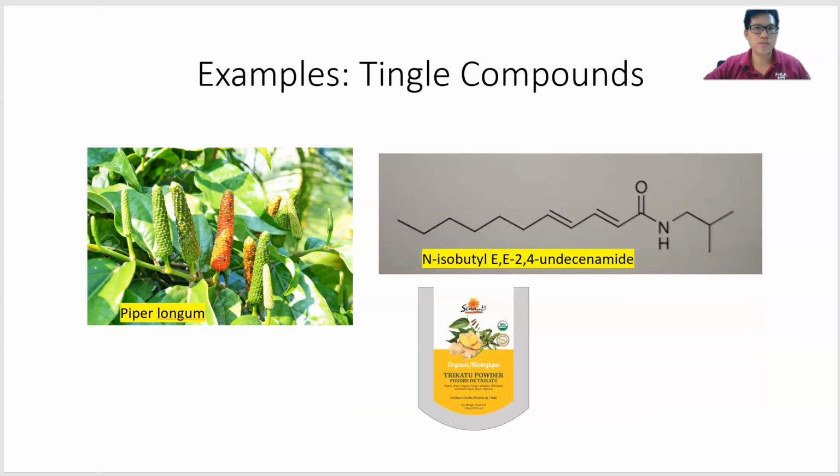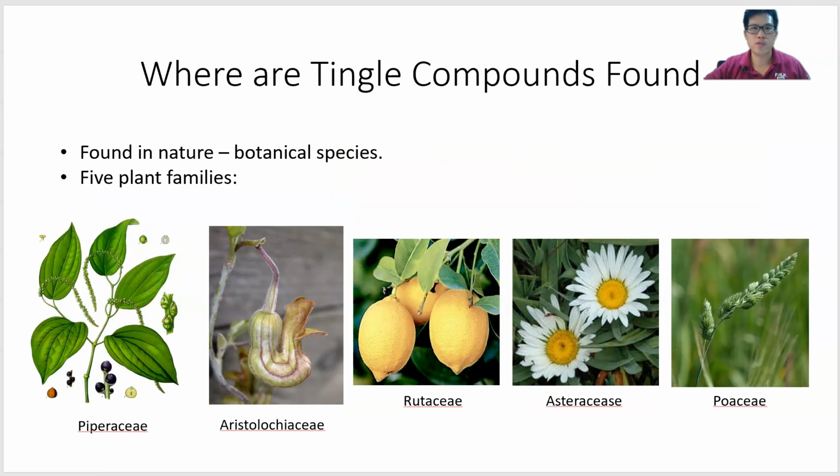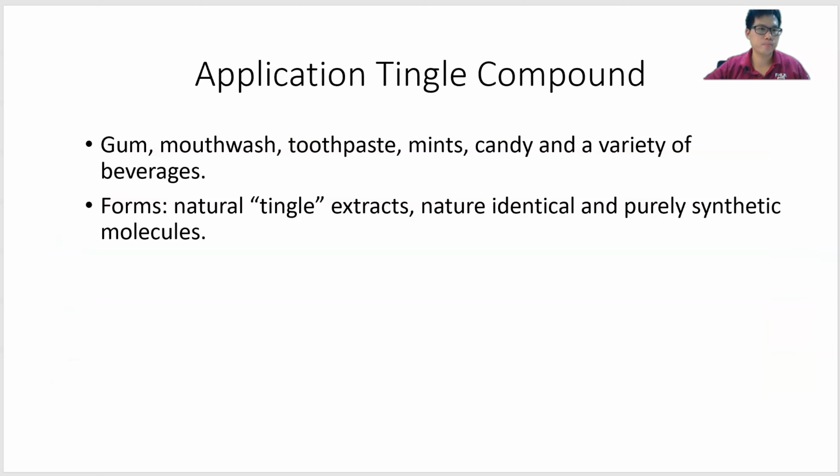So you can find this tingling effect in all these kinds of products. Of course, if you want to know what the compounds are, you need to extract them out and do research on them. As for applications of tingling compounds, they are used in chewing gums, mouthwash, toothpaste, mints, candy, and a variety of beverages, as natural tingle extracts, natural analogues, or pure synthetic molecules.